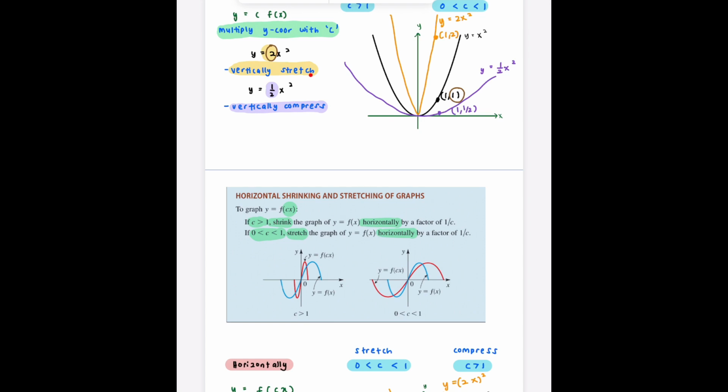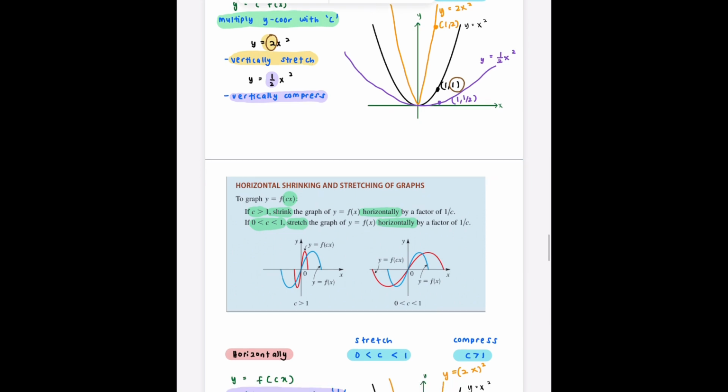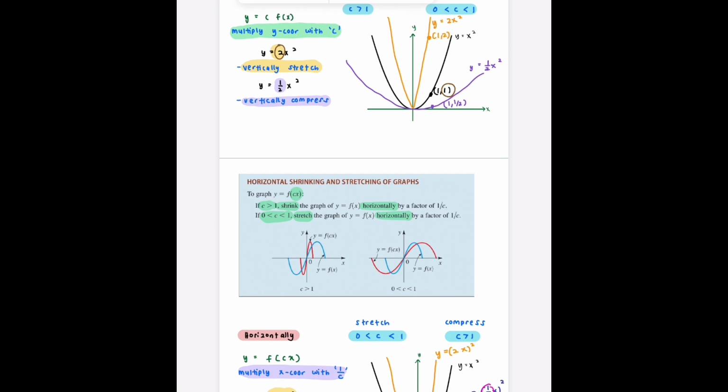So actually, vertical stretch is equal to horizontal compress. Imagine that you stretch your y, so automatically your x indirectly becomes compressed. That's why you have the relation between those two. Okay, so hopefully it is clear with all the explanation for the stretch and compress.